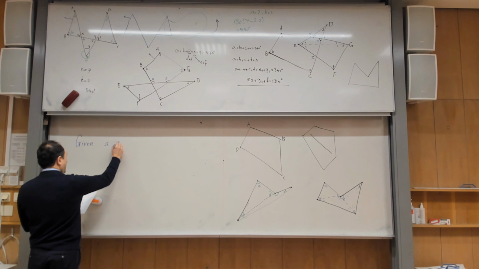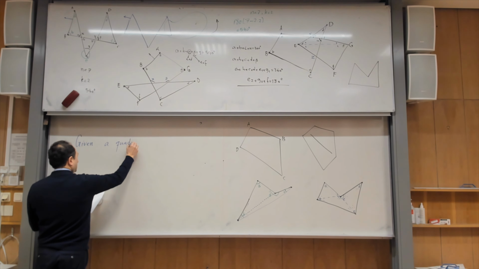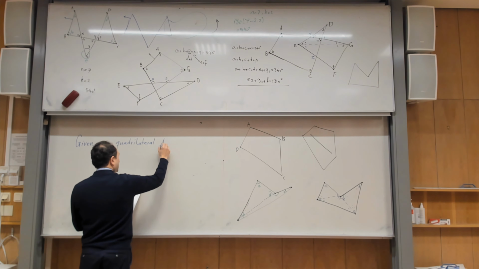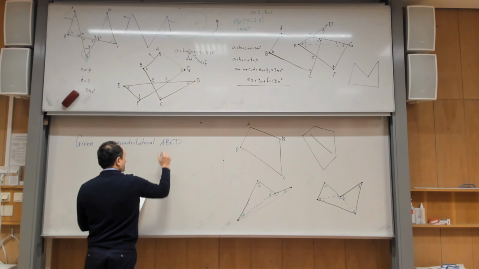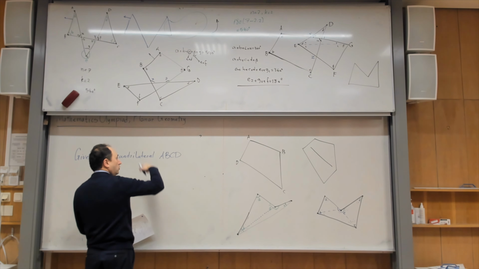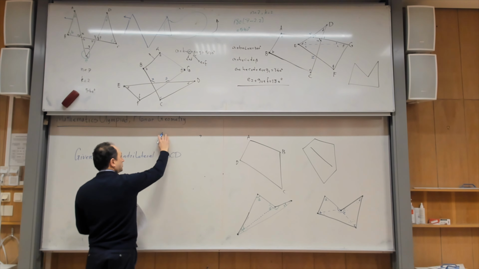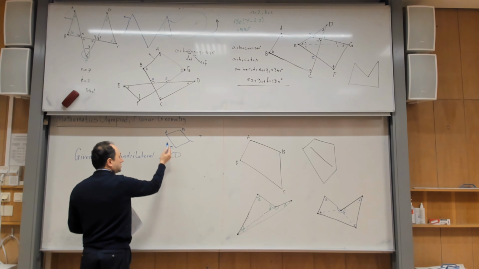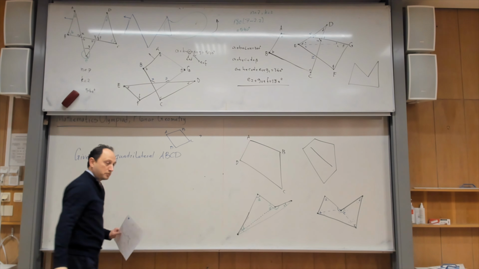Given a quadrilateral ABCD, and I told you that when you write a quadrilateral ABCD, you have to keep the order. You cannot just go zigzag, yes? So you start from here, A, and you have to name it A, B, C, D. That's convention: A and C are opposite, B and D are opposite.